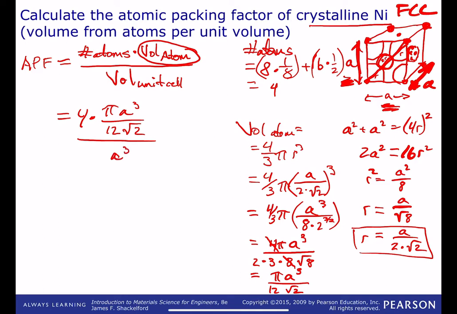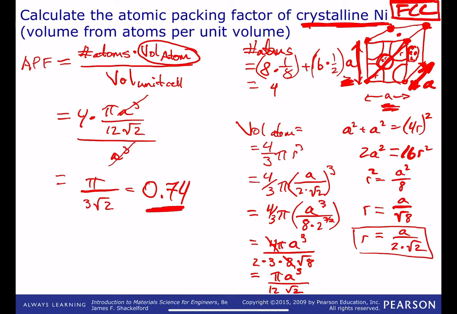So that sets up a cancellation of that numerator and that denominator. And this simplifies down to pi divided by 3 root 2, which ultimately equals about 0.74. So the atomic packing factor for crystalline nickel, which as you can see here represents all FCC lattices, is 0.74.